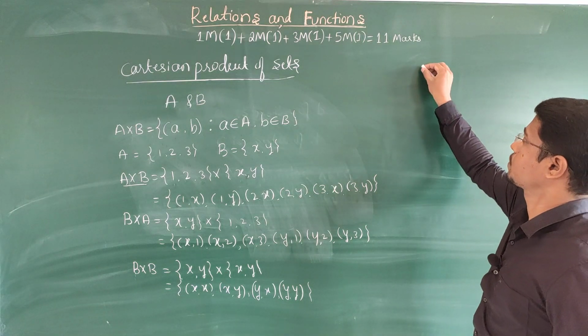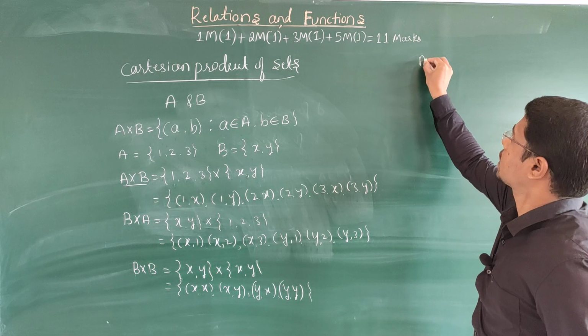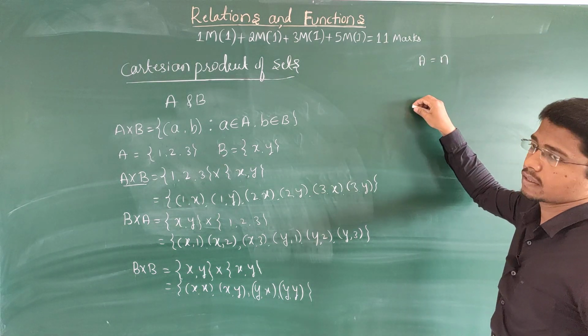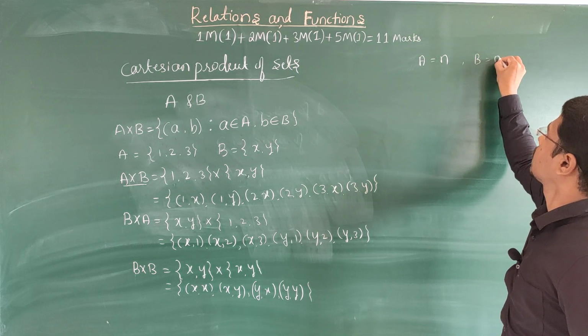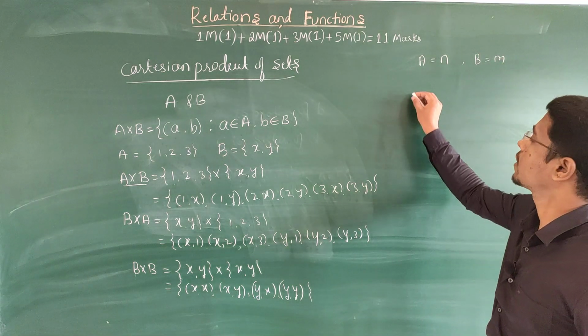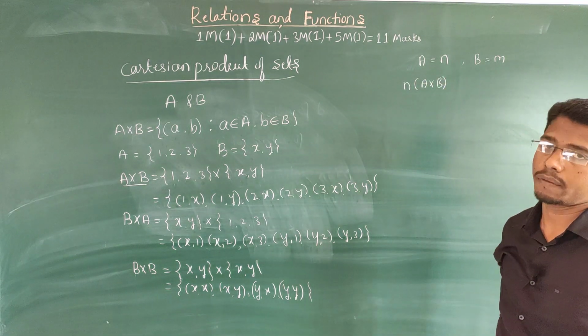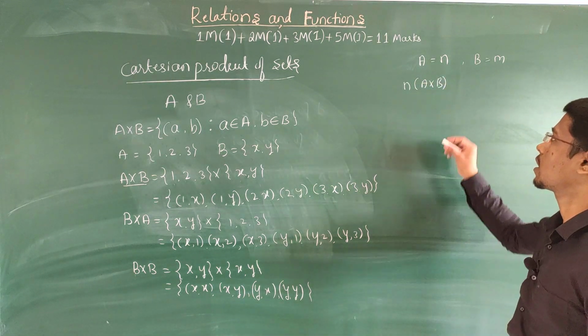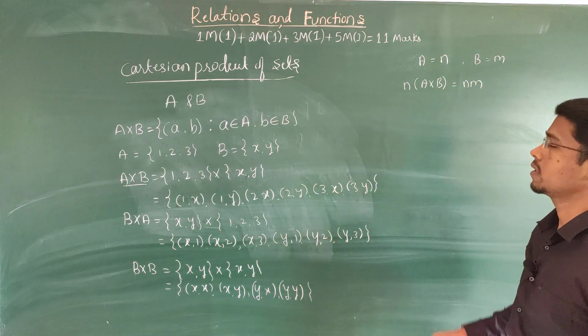Suppose a set A contains n elements and set B contains m elements, then the number of elements in the Cartesian product of A and B is n into m.